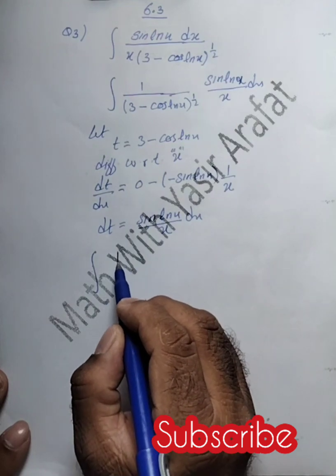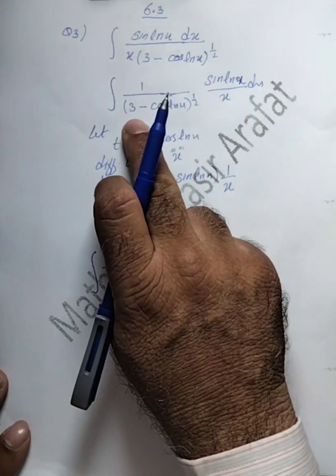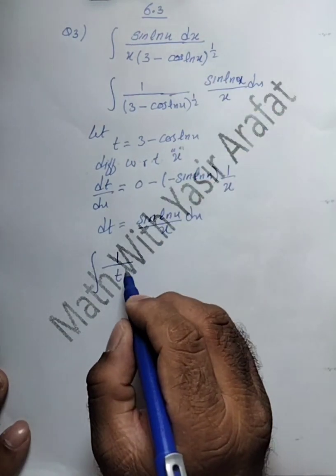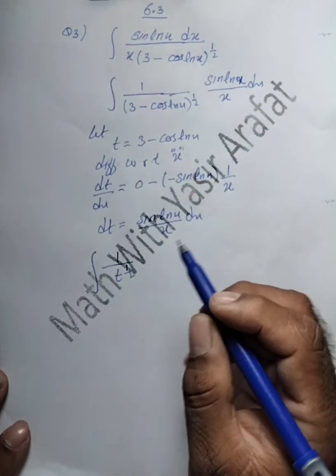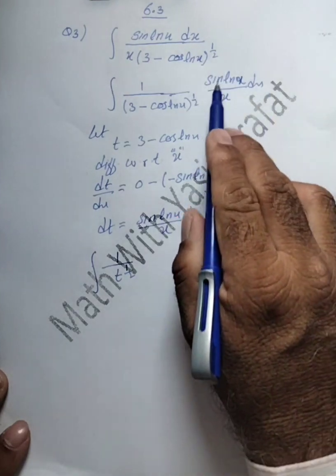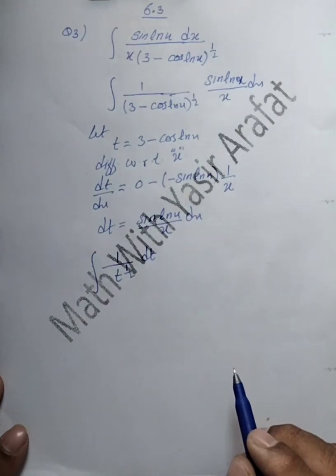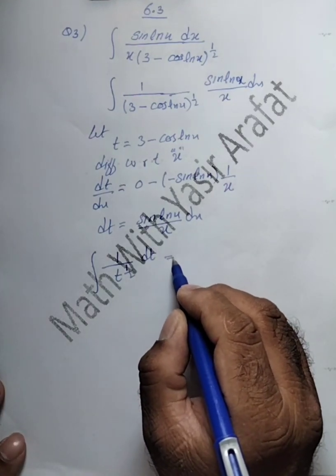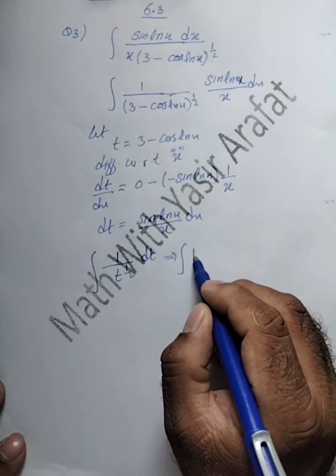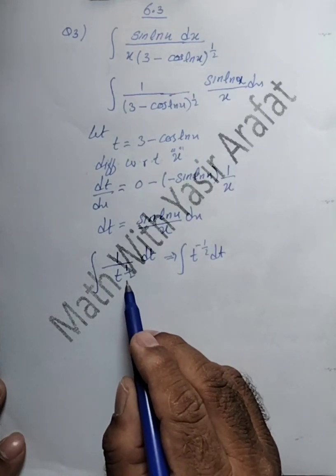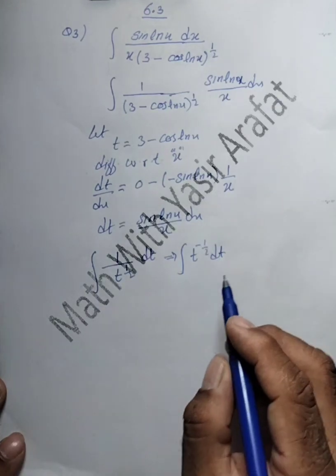So 1 over (3 minus cos ln x) equals t, and the whole power is 1 over 2, so we put 1 upon 2. And this whole function, its derivative, equals dt. So t to the power minus 1 upon 2 in the denominator, we shift it to the numerator.